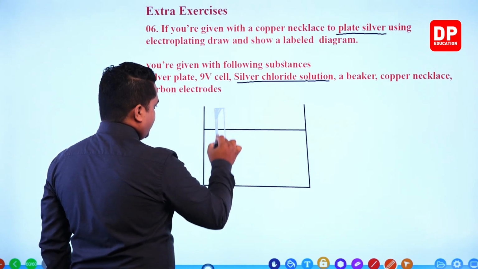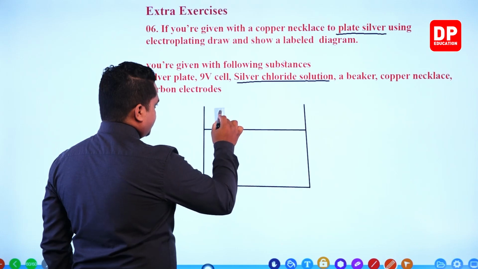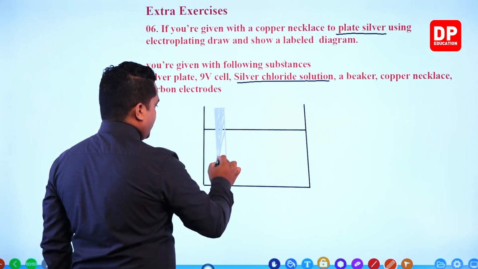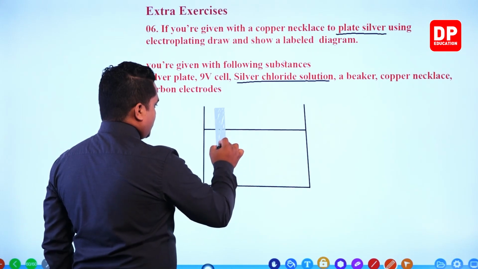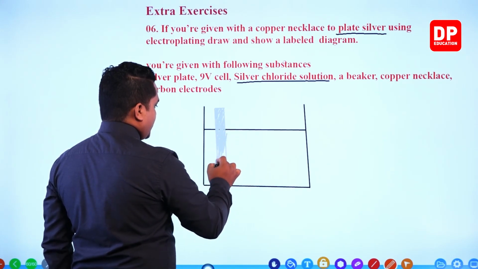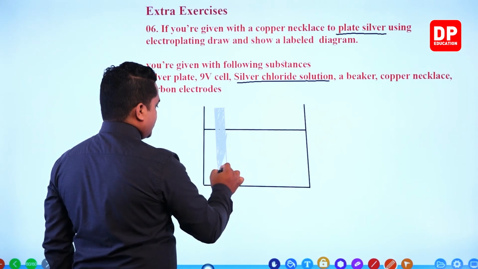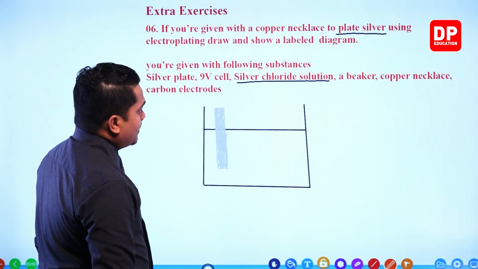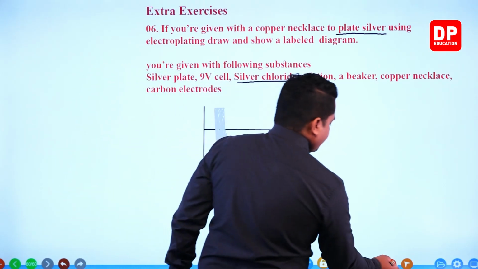So this is the silver plate, my dear children. So you know that silver has a unique ash color nature, and it is also lustrous. This is the silver plate then. Right. Then the copper necklace.